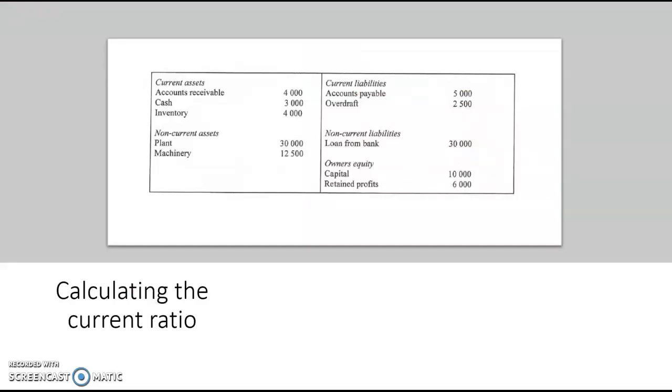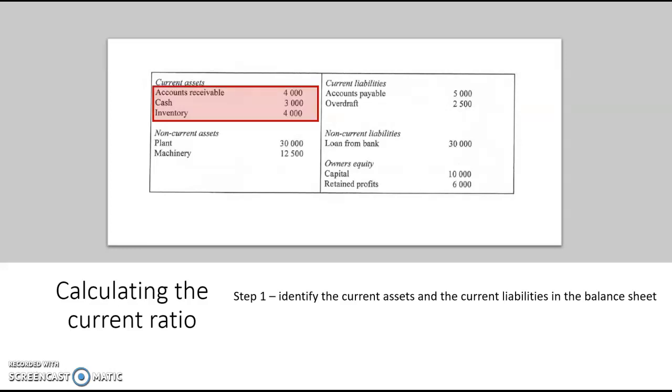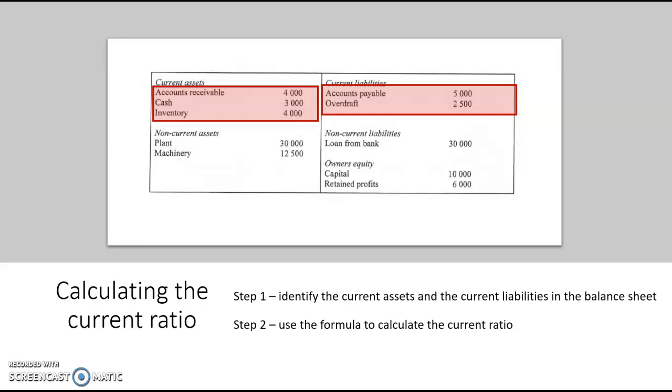Another way that they could give you this information, it's a classified balance sheet, but they just haven't given you the totals. So again, step 1, we just identify what are our current assets and what are our current liabilities from the balance sheet. So we know that our current assets are going to be our accounts receivable, our cash, and our inventory. And our current liabilities are going to be our accounts payable and our overdraft. So all we then do is use the formula to calculate the ratio.